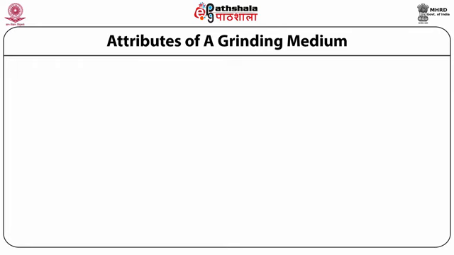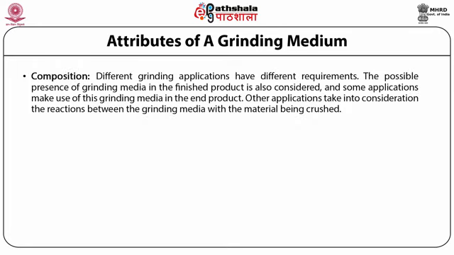Another important property is the composition. Different grinding applications have different requirements. The possible presence of grinding media in the finished product is also considered, and some applications make use of this grinding media in the end product.